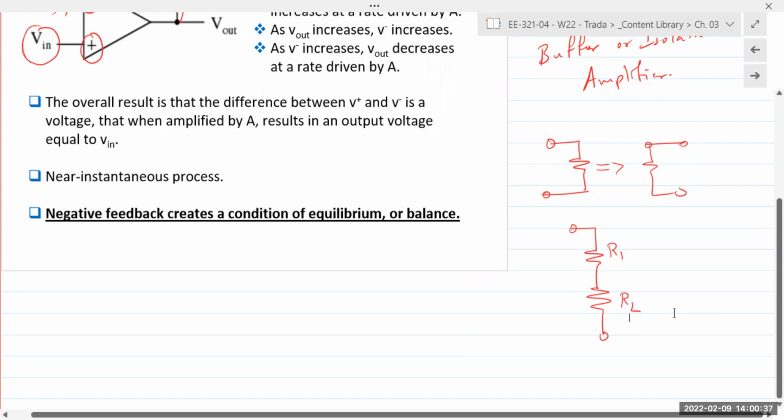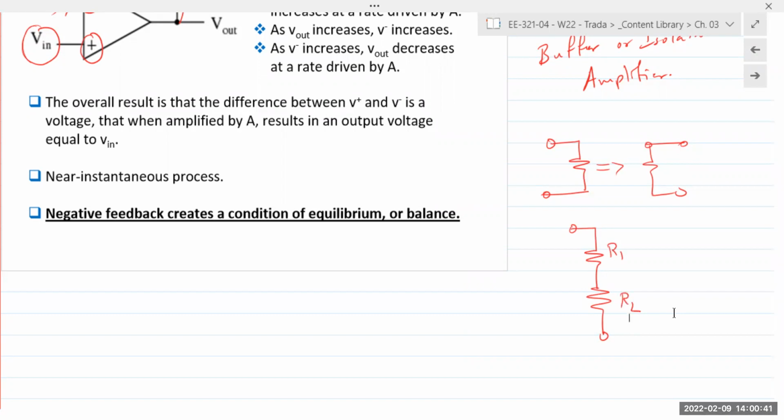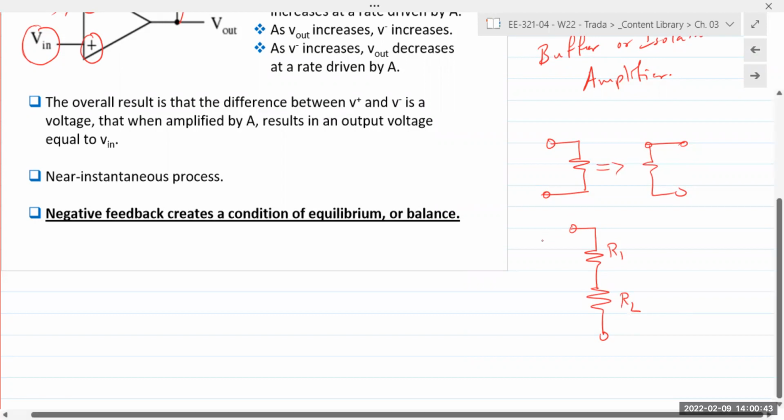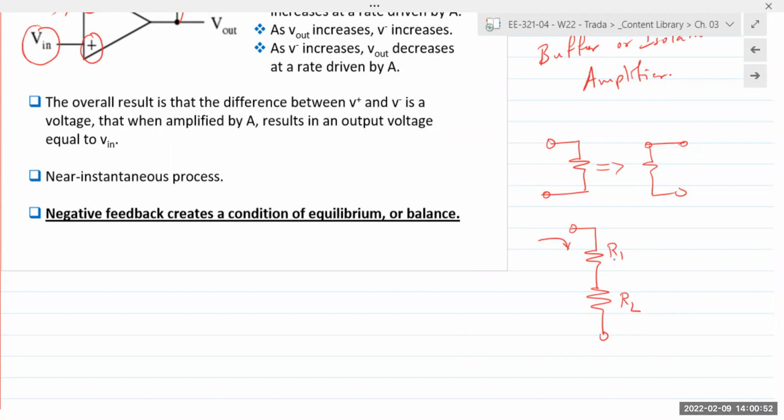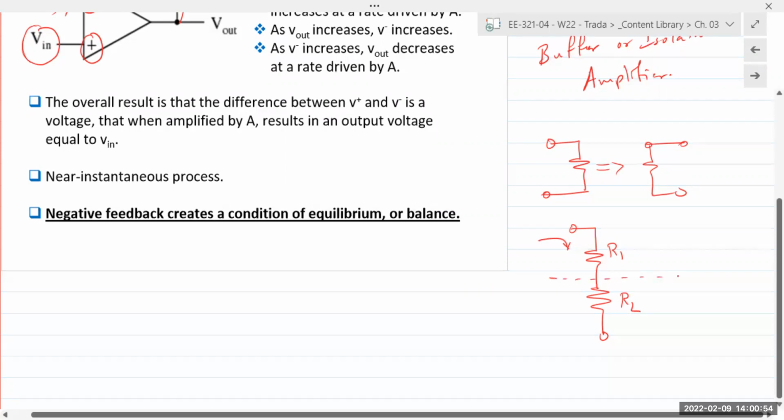If RL is small, what happens? This is the driving circuit. This is the current that's coming from the driving circuitry. Like R1 belongs to the input, RL belongs to the source.